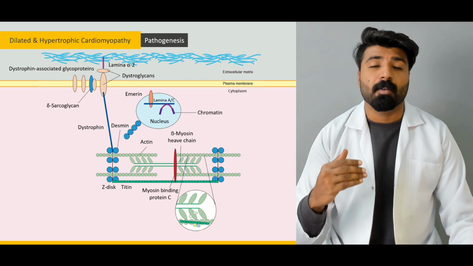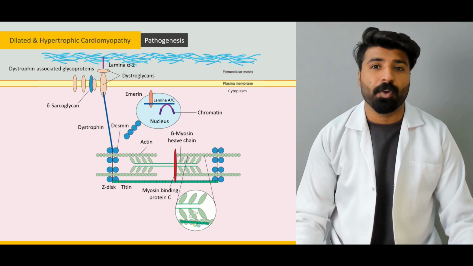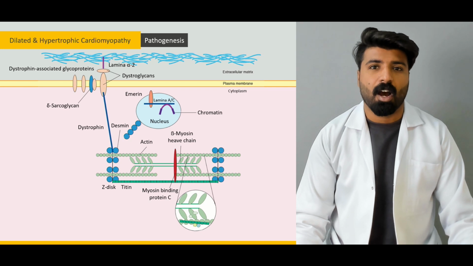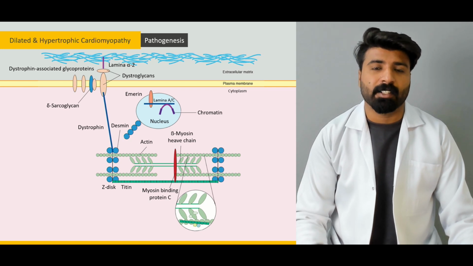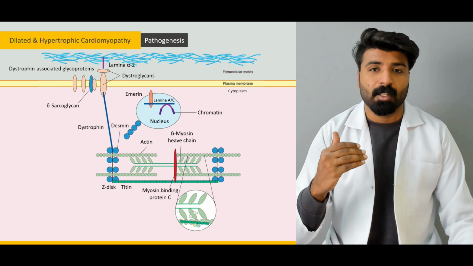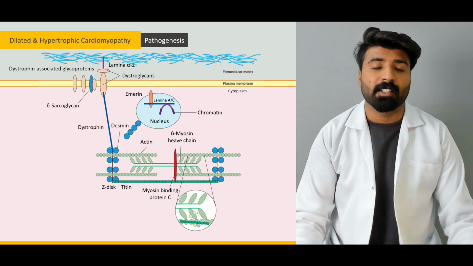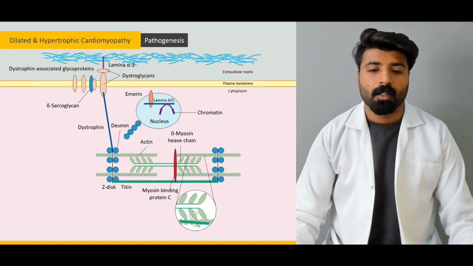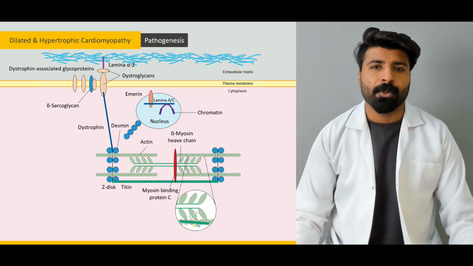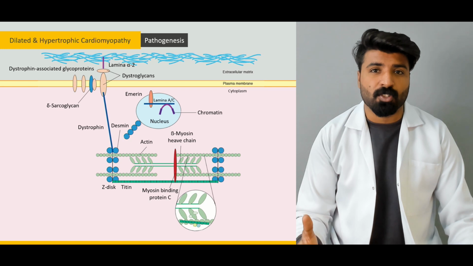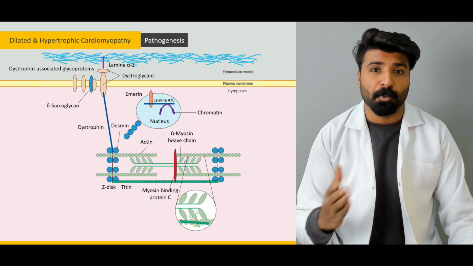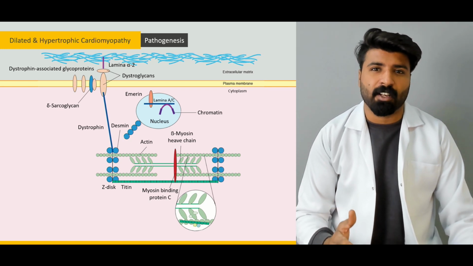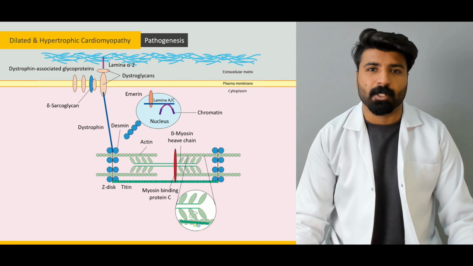There have been multiple case reports, and we know that multiple genes are involved in the progression and leading to dilated cardiomyopathies. So first of all, let's talk about which genes are going to get affected, and in response to them being affected, which proteins or which structures get affected and lead to dilated cardiomyopathies.